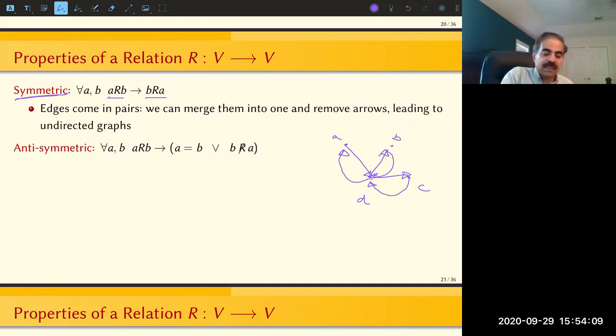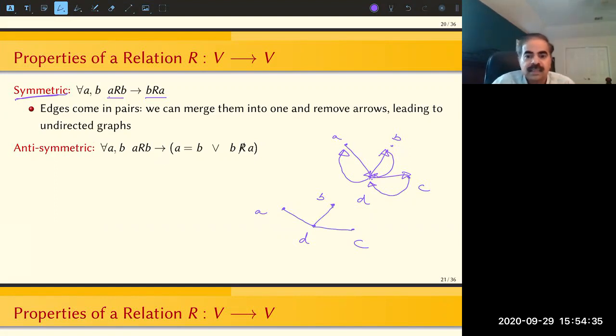And when you have a symmetric relation, we can avoid the clutter and simply draw a graph with undirected edges. So we can put an undirected edge like this, like this, and like this, and I can take these edges forward or backward.